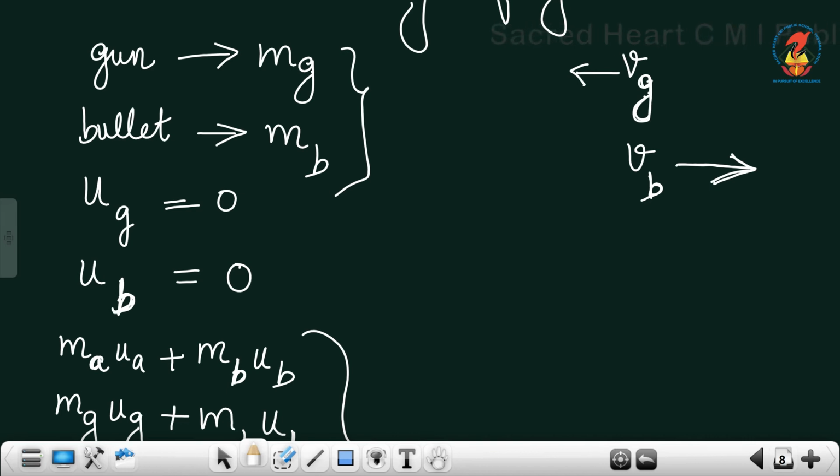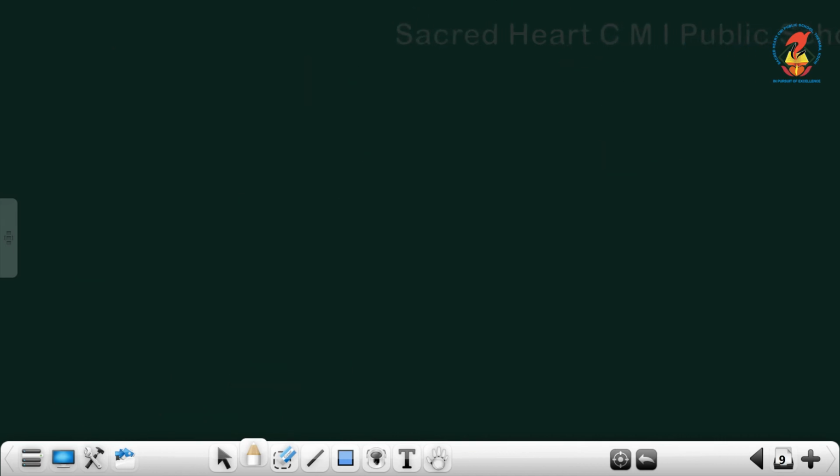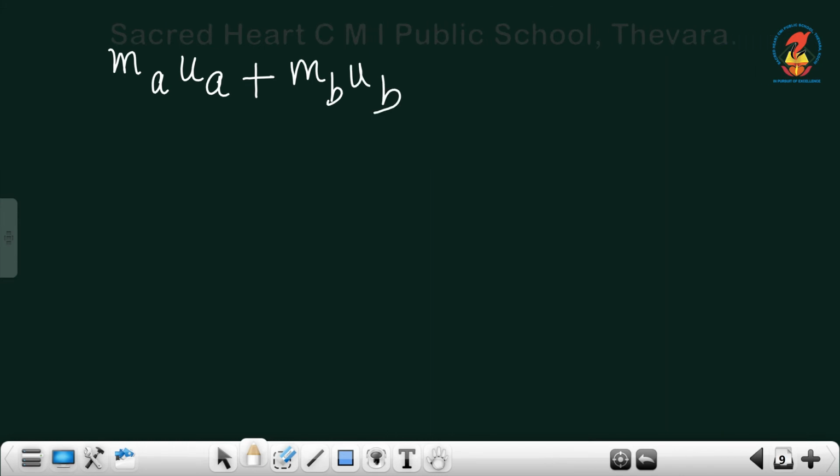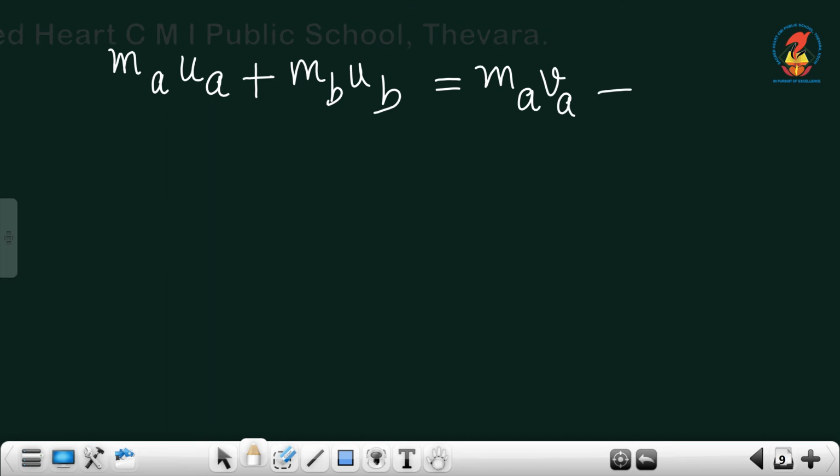According to the law of conservation of momentum, MAUA plus MBUB is equal to MAVA plus MBVB.